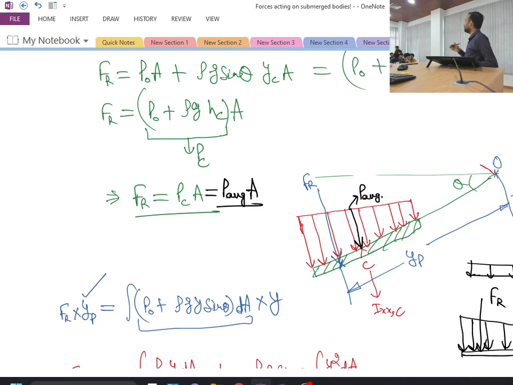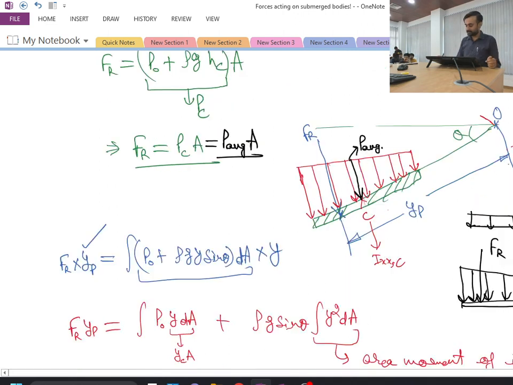Here it will be the square of the distance multiplied by A. So what is the distance between these two? This is the O axis, this is the centroid, so the distance is nothing but YC.